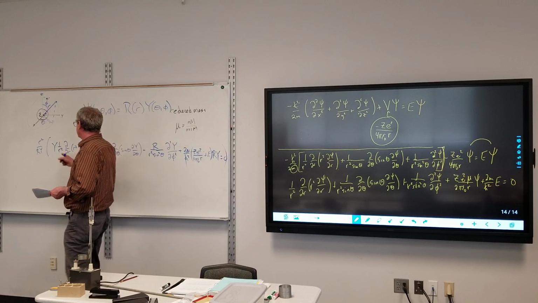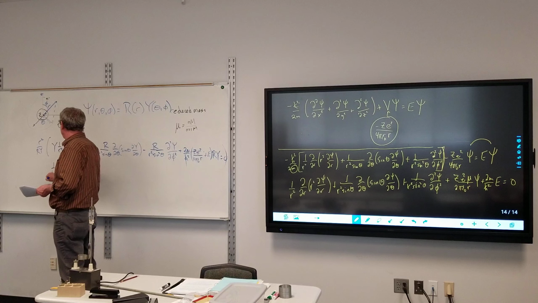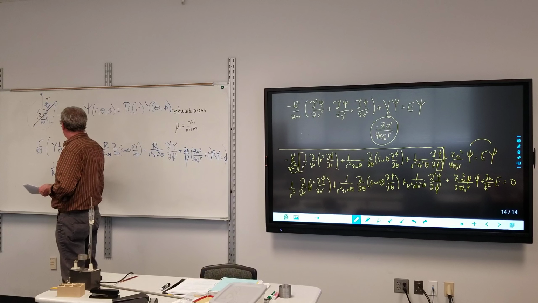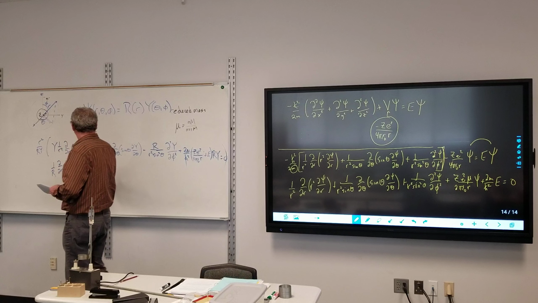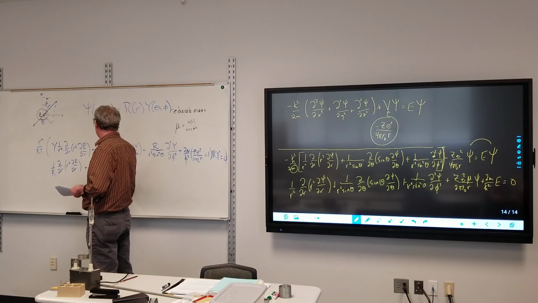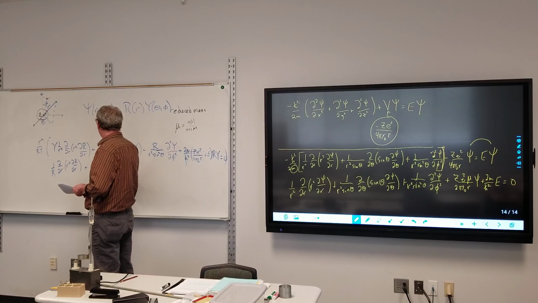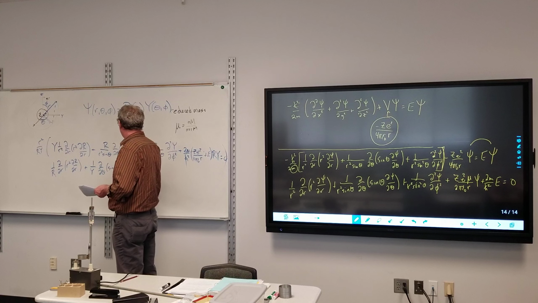R squared is going to cancel out. I'm going to be left with 1 over big R, del r squared, del little r. Plus, over here, my r squared is going to cancel out, so I'm left with 1 over Y, del theta, sine theta, del Y, del theta.